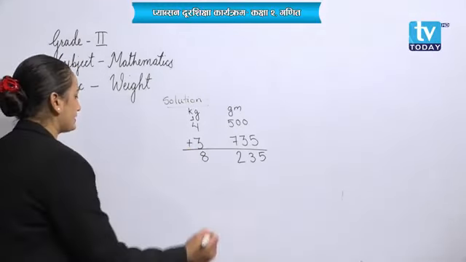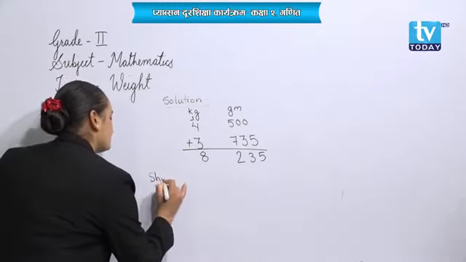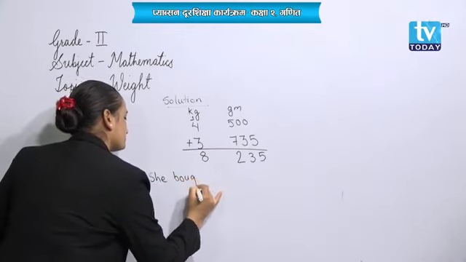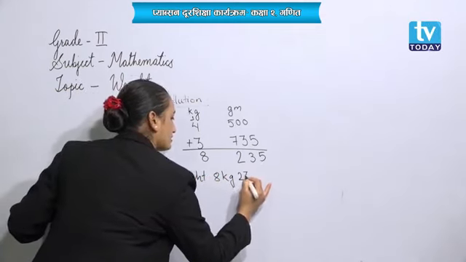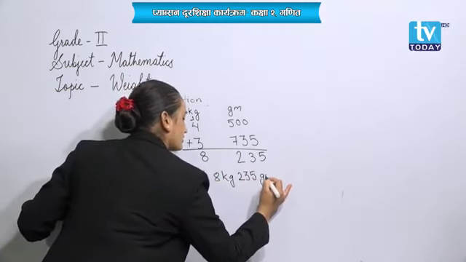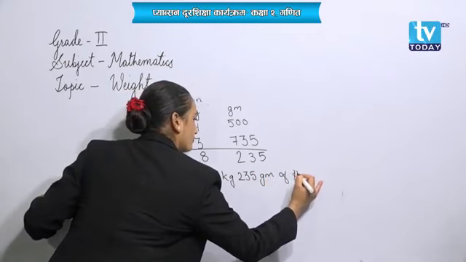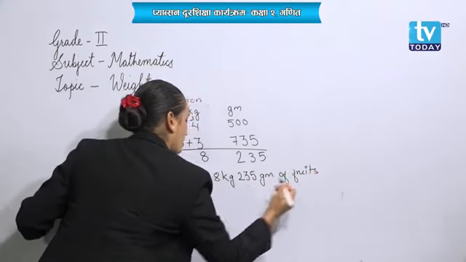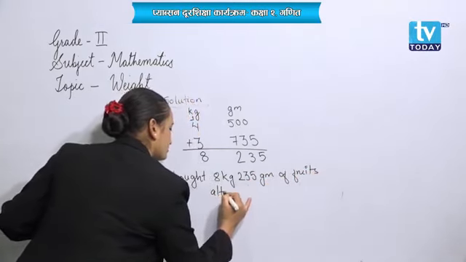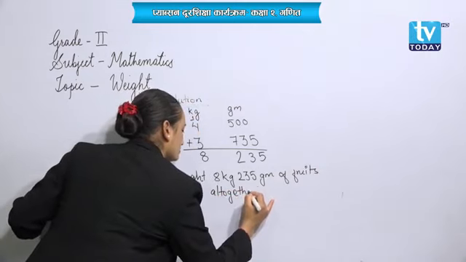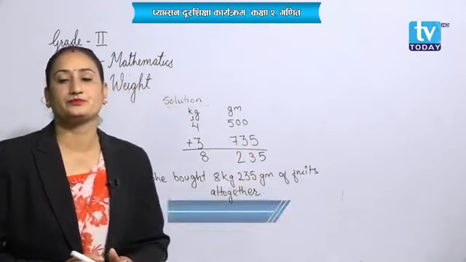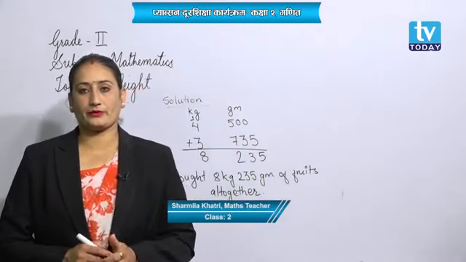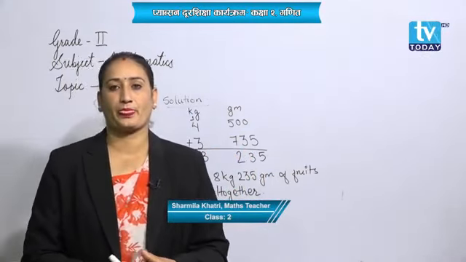So you have to write here: she bought 8 kg 235 grams of fruits altogether. Can we write it this way? Okay, I hope you can write it, right students?